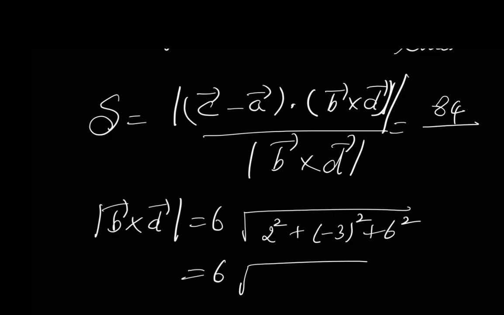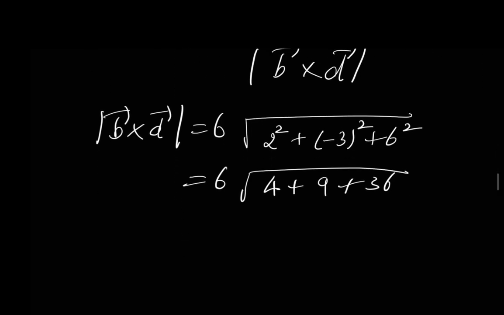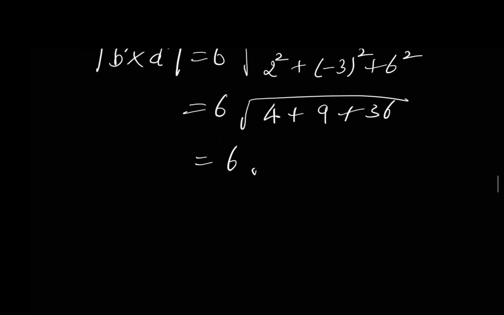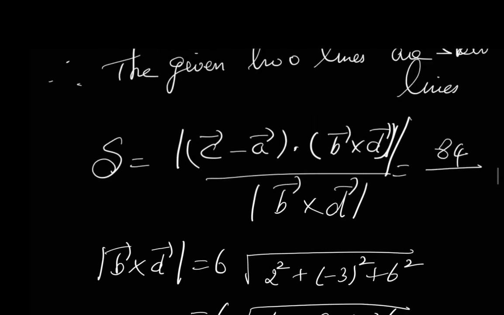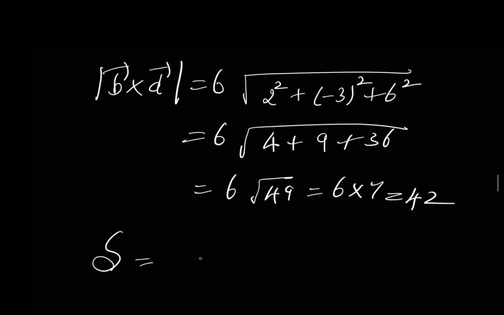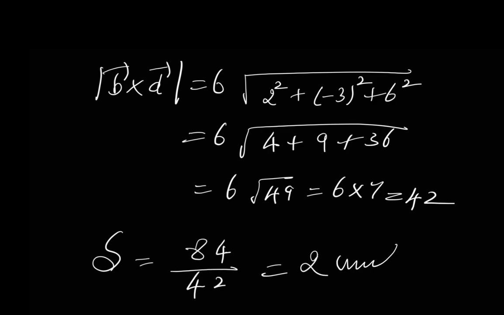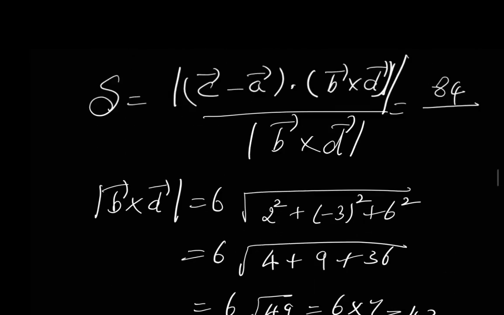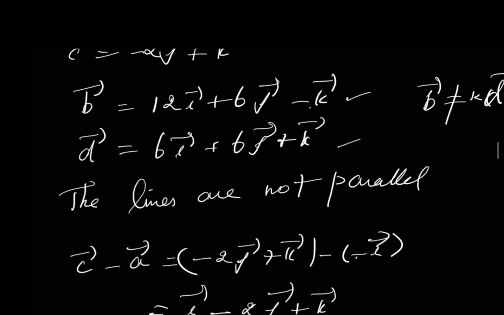That is 4 plus 9 plus 36. This is 6 into the square root of 49, 6 into 7, equal to 42. Substitute in delta: numerator 84 divided by 42 is equal to 2 units. So this is the distance between the two skew lines.